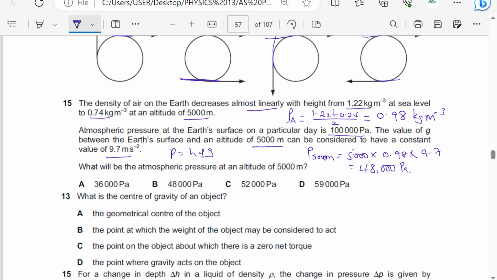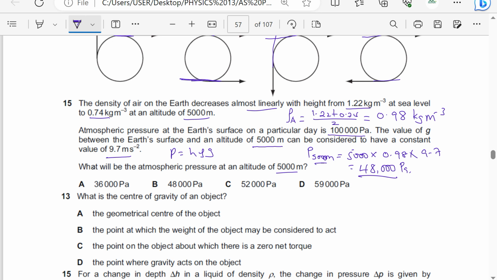That is the pressure at an altitude of 5,000 meters. So what will be the atmospheric pressure at this altitude? The pressure due to this height is this, but then we want the atmospheric pressure at that altitude.